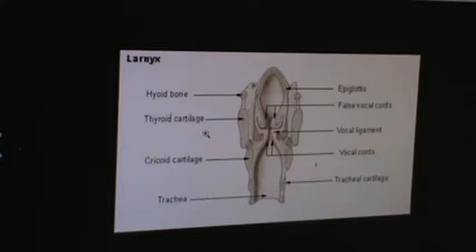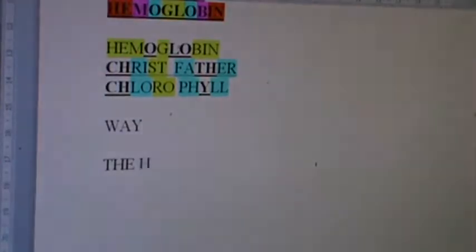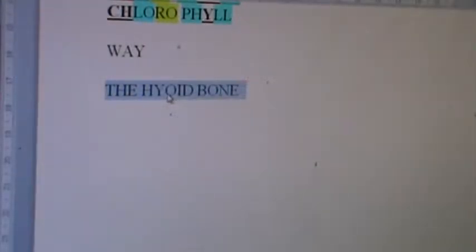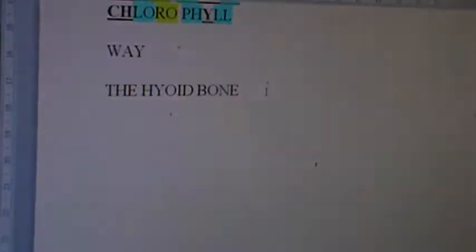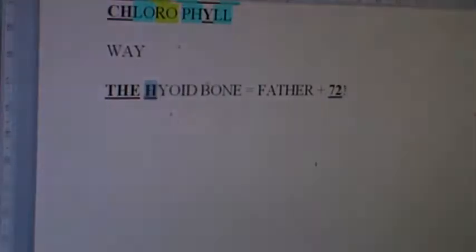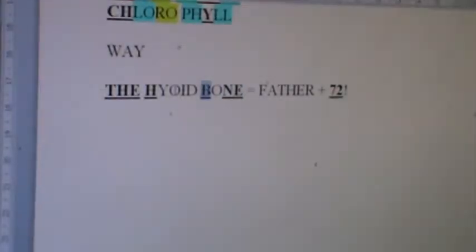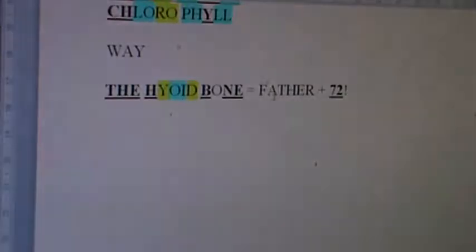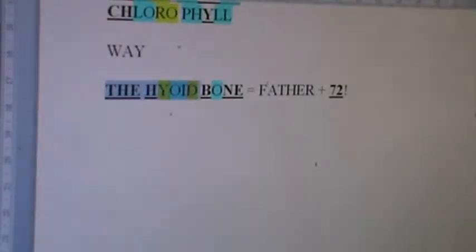I would just quickly review the hyoid bone, because that's going to equal letters and strokes divided by 3, just like in Father, and it's Father plus 72, an offset of 6. The simplest thing is that the number of +2s dramatically outweighs +1s, just like in Father. You can just quickly refer to this as the hyoid, and that gives you your +36 from Father, and bone is 36.